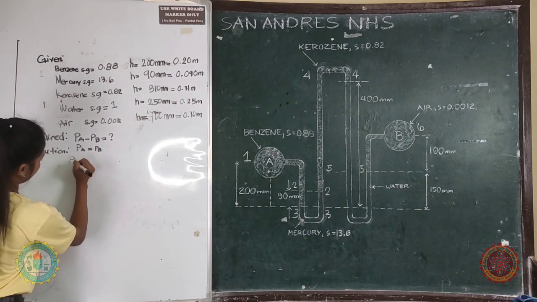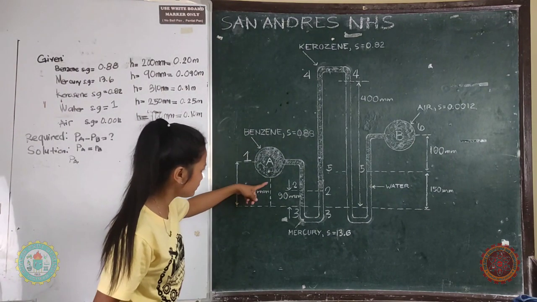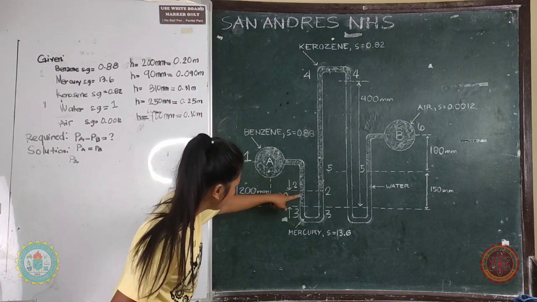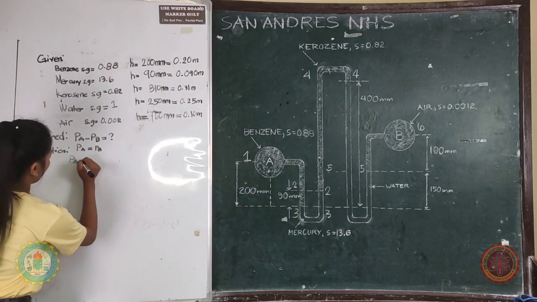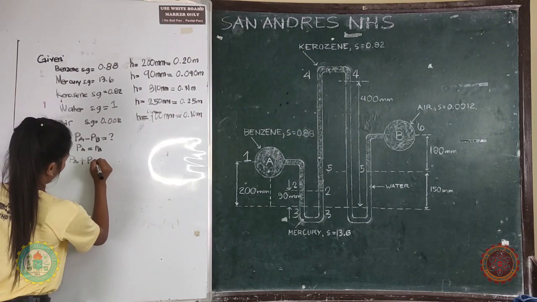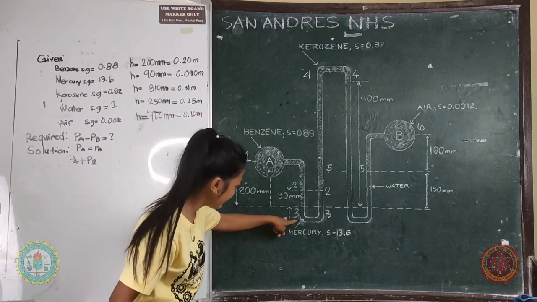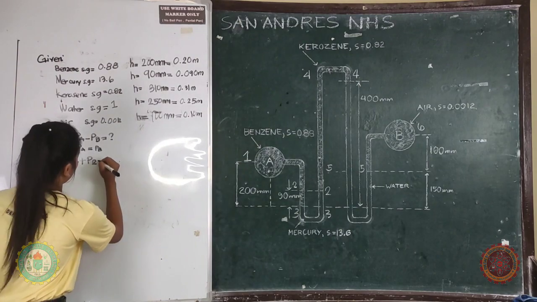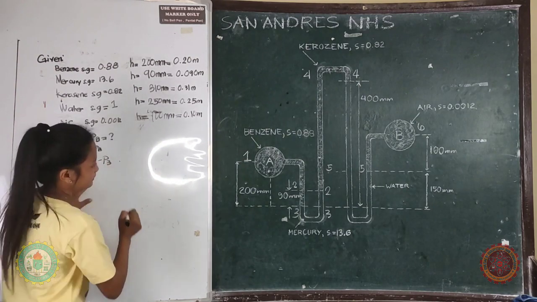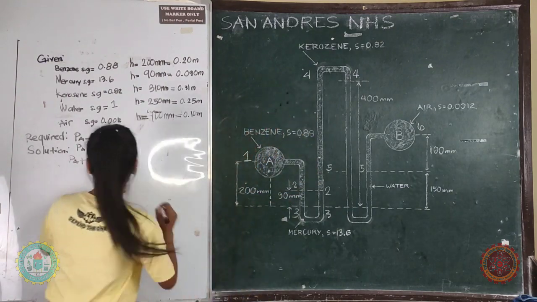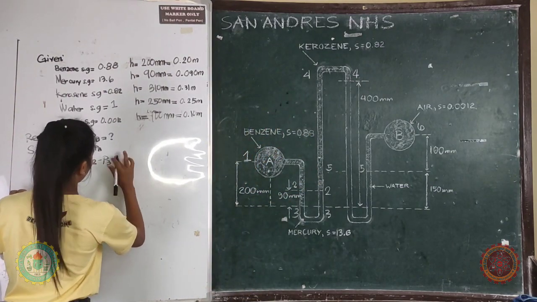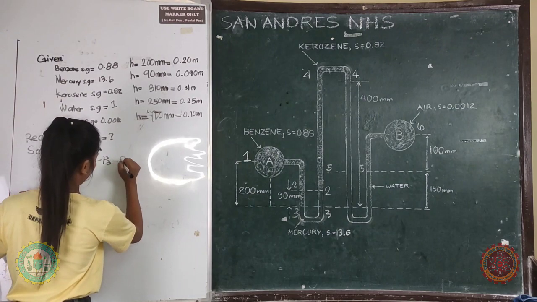PA, and then P2 is pababa, so we add P2. Then P3 is pataas, so subtract P3. Then P4, coming from here, is pataas, so subtract P4.